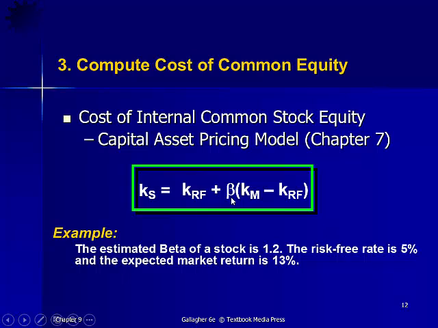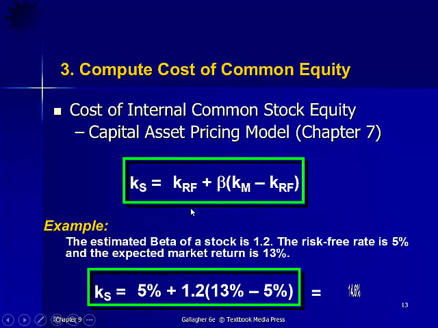times beta. And so in this particular case, the risk-free rate is given as 5%. The expected return of the market is 13%. And so 13% minus 5% is 8% times the beta of 1.2 plus that 5% risk-free rate.